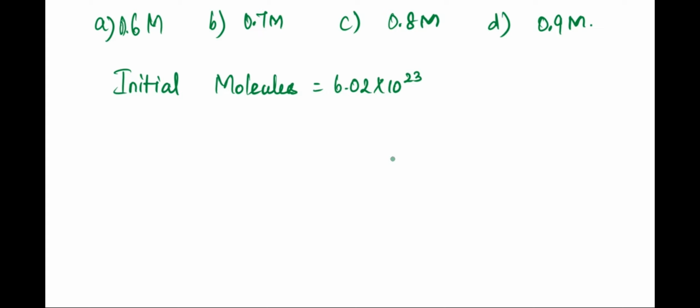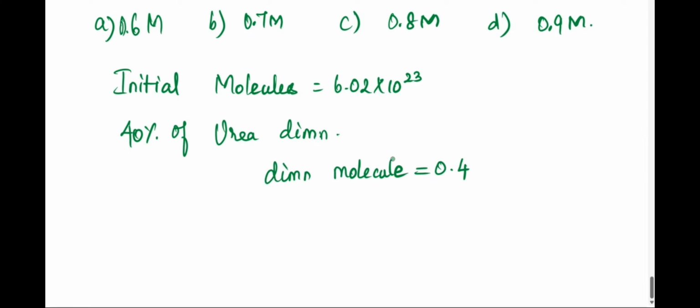It is undergoing 40% dimerization. 40% of the molecules are undergoing dimerization, so how much is that? The dimerized molecules, taking 40% as 0.4, is 0.4 into 10 to the power 23.